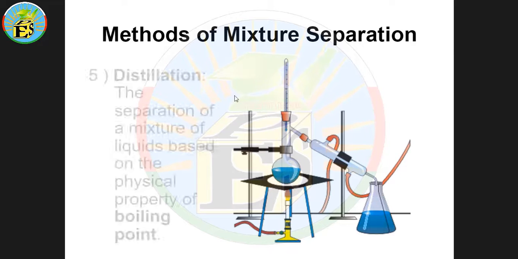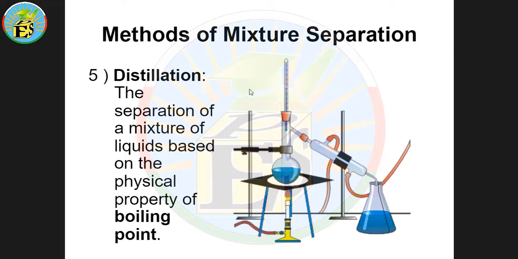Another example, and an important method for liquid separation. If we have a mixture of liquids like petroleum oil, we can separate its components by something called distillation. It is the separation of mixtures of liquids based on the physical property of boiling point. We will use the property of boiling.